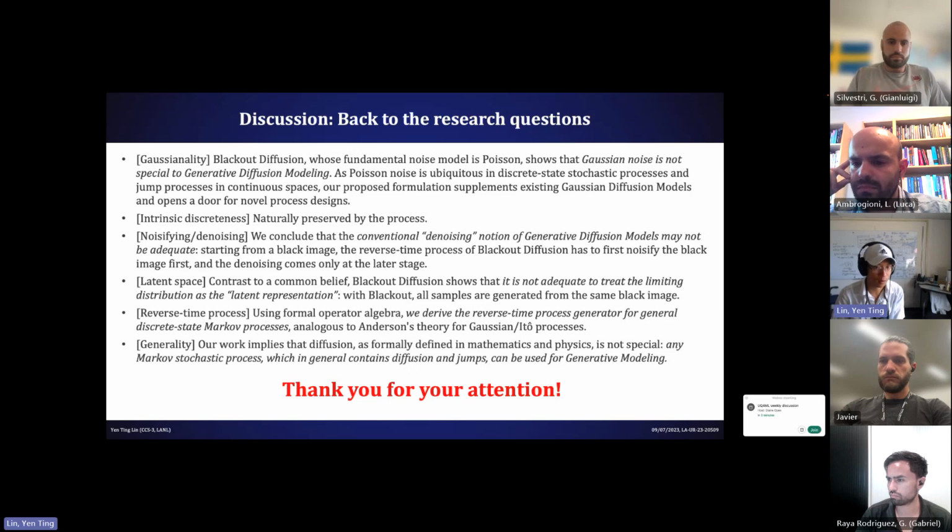So in some sense, we shouldn't even call it a GDM, right? I don't know how to call it, maybe generative Markov model or something, but it's basically generative modeling. And to that, thank you for your invitation, and thank you for your attention.